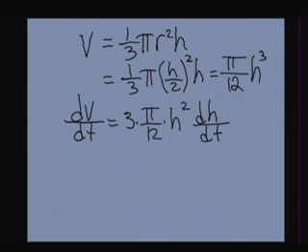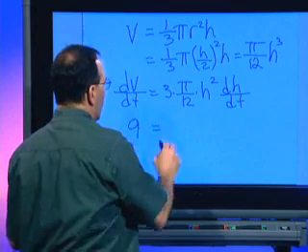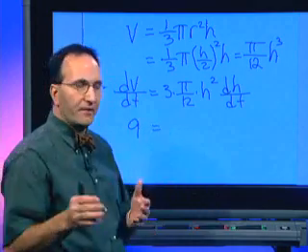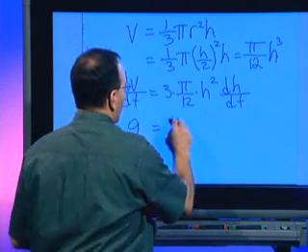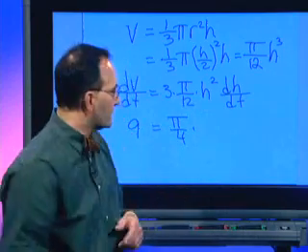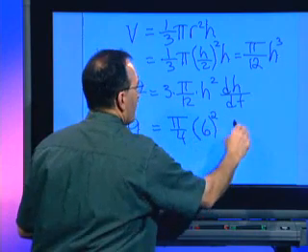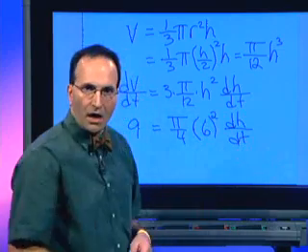And what we're told here is that the volume was changing at 9 cubic feet per minute. It was being filled at 9, so that's our 9. Then this, of course, is pi over 4. And the height is 6 feet, so we plug that in. And then we have dH dt, which is what we're going to solve for.